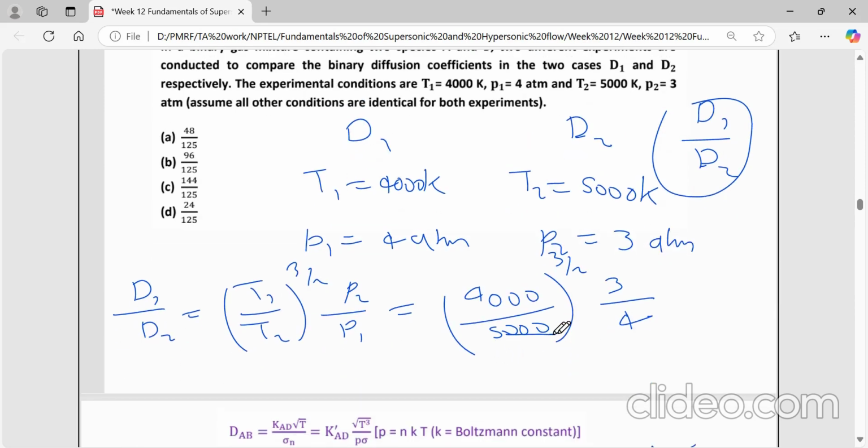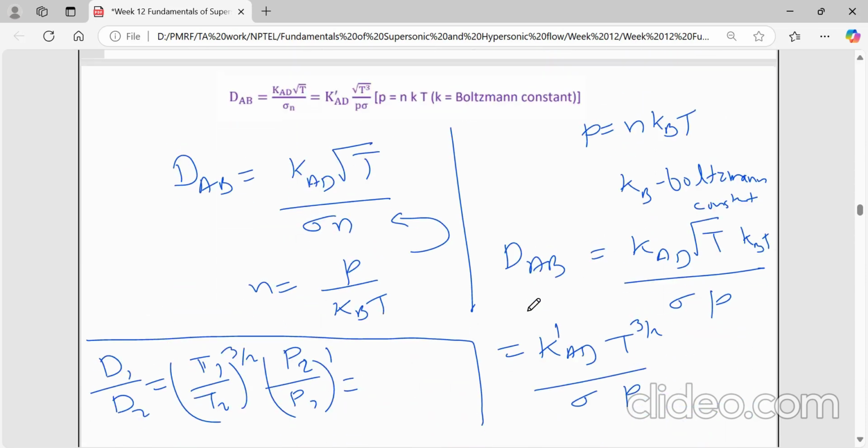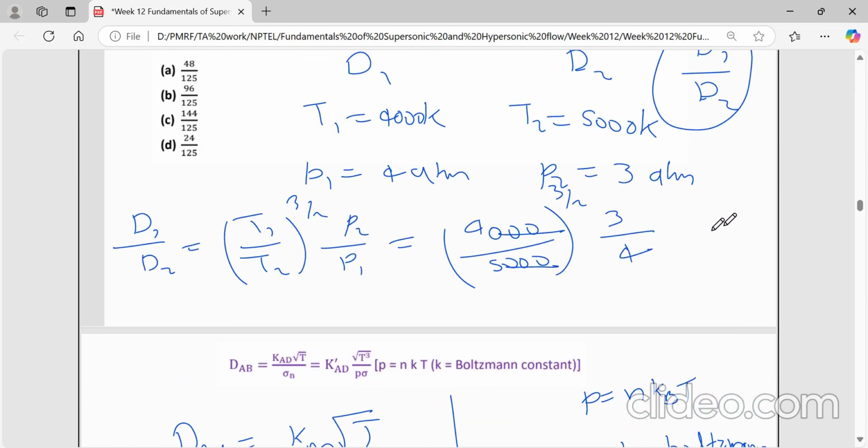So all these zeros will cancel each other. And it will be equal to 9 into 4 upon 4 into 4.